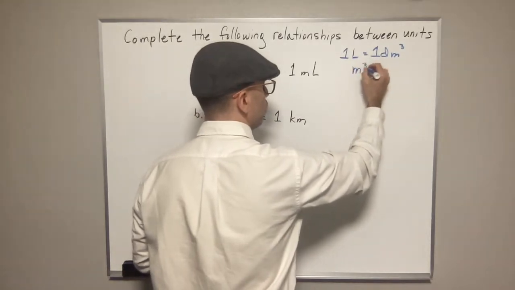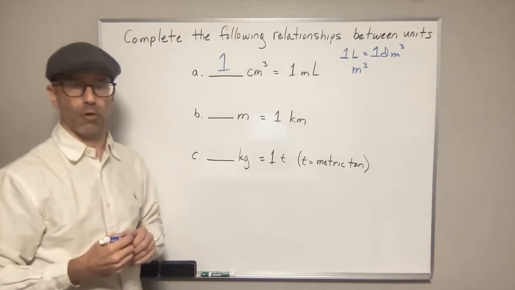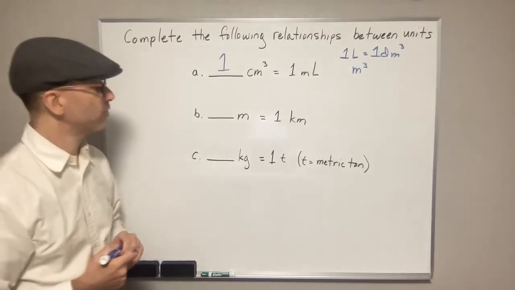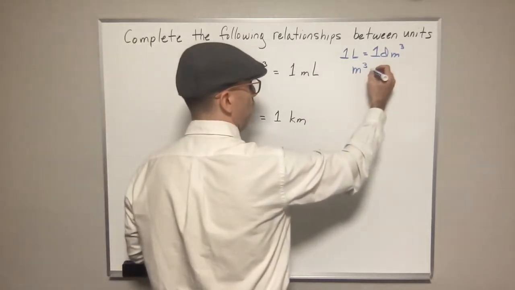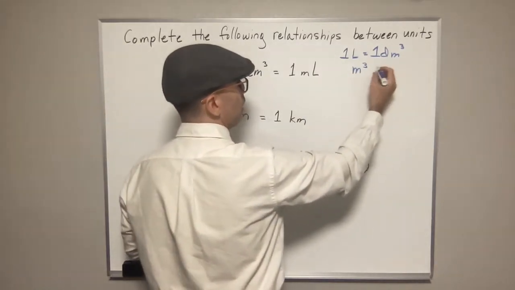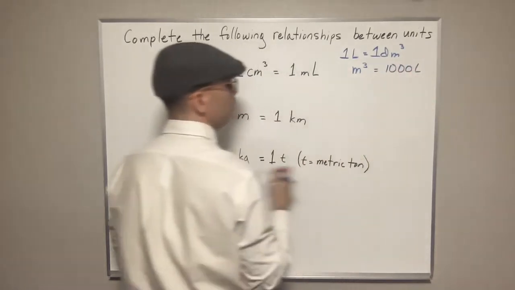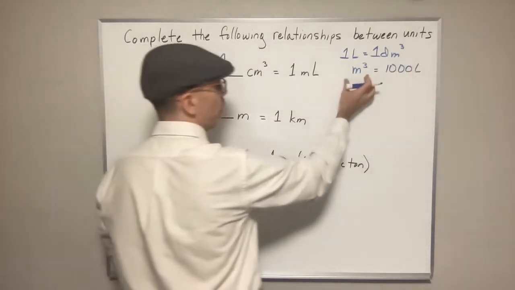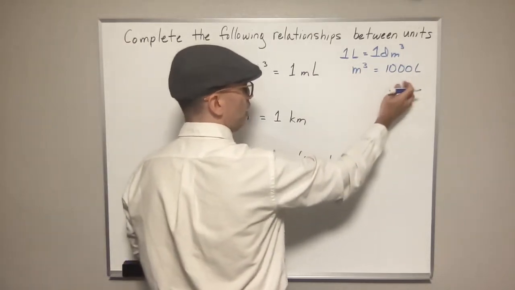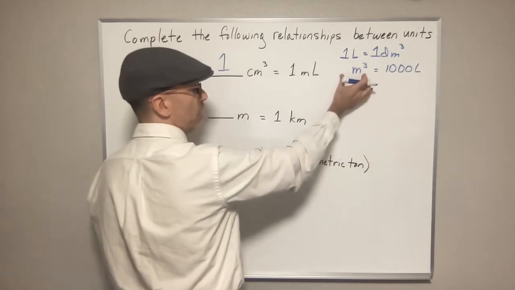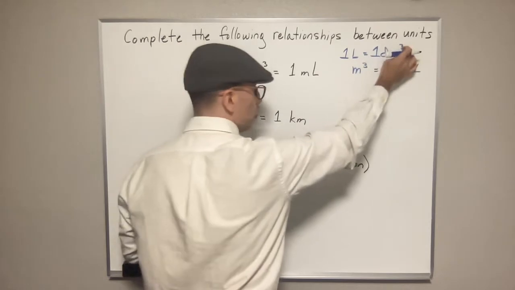So meter cubed is the unit that's usually the base unit for volume in the SI system. So this is equal to actually 1,000 liters. So 1/1000th of a meter cubed is equal to 1 liter. And 1/1000th of a meter cubed is also equal to 1 decimeter cubed.